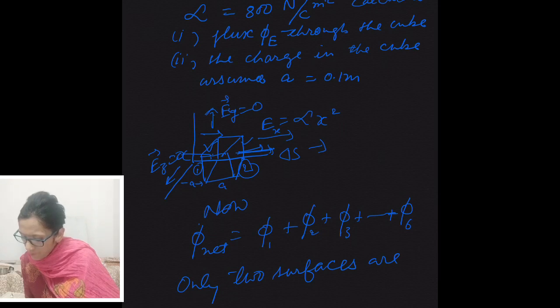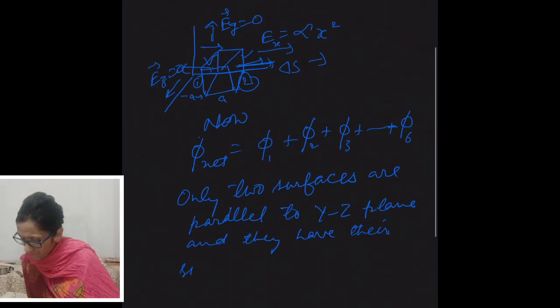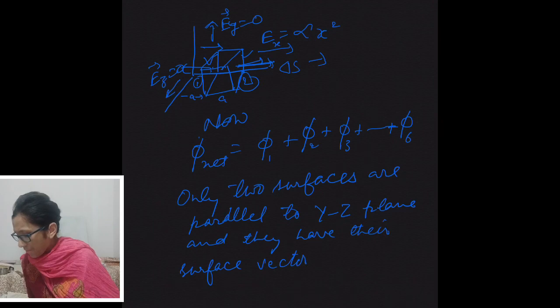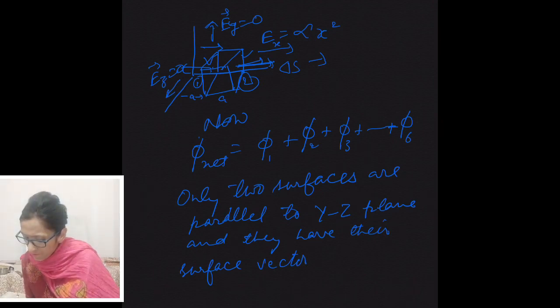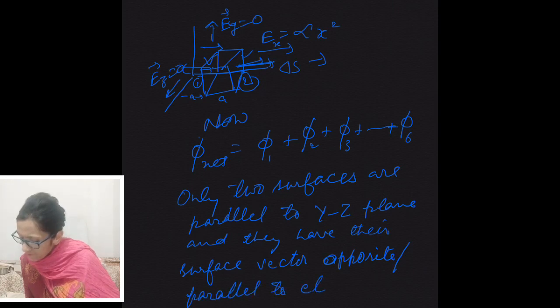Only two surfaces are parallel to the YZ plane, and they have their surface vector either opposite to or parallel to the electric field.